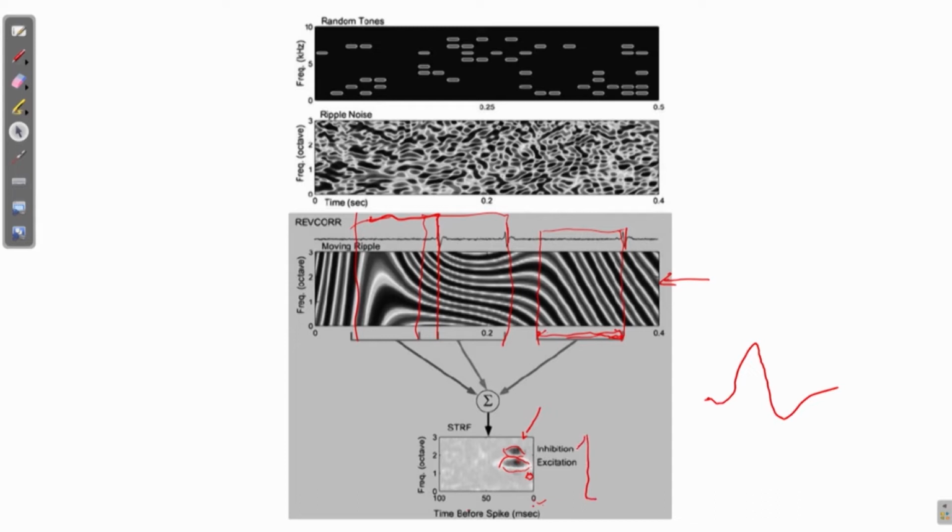So, it is going to be something like this, where this particular frequency is represented here. So, it is not going to go negative. This is sort of the representation of the neuron's tuning, and this axis is frequency here.